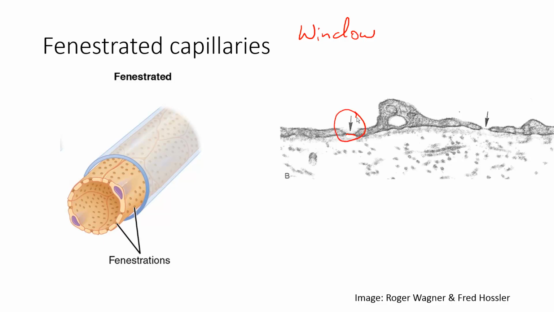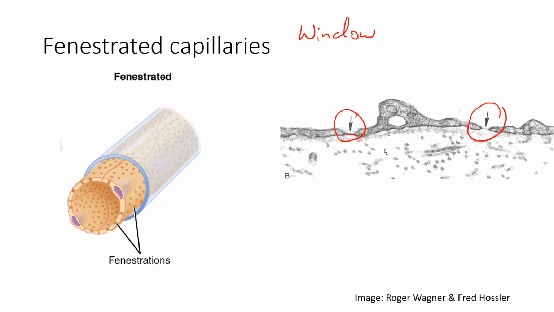You can see it right here. But these little pores allow more things through than could get through via transcellular transport or vesicle-mediated transport. So fenestrated capillaries have slightly more contact between the blood space and the tissue space, much more so than we saw with the continuous capillary, but not as much as we're going to see with our last one.